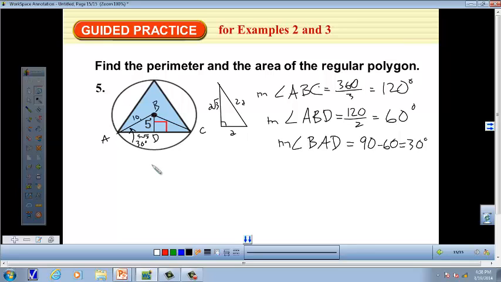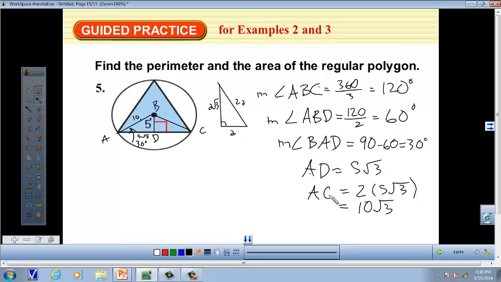So we know that AD is equal to 5 rad 3, and we know that AC, which is the side of the triangle, is going to be 2 times 5 rad 3, which is 10 rad 3.